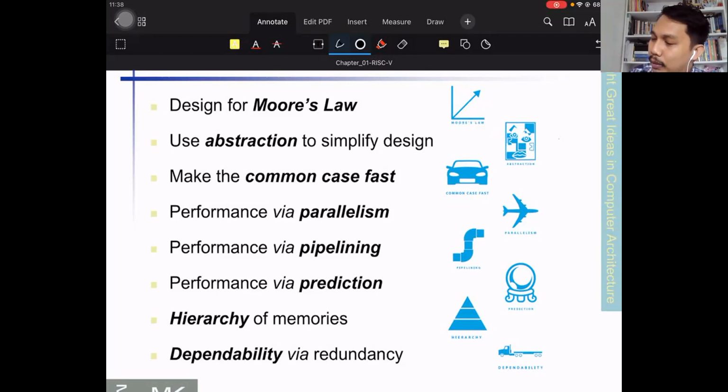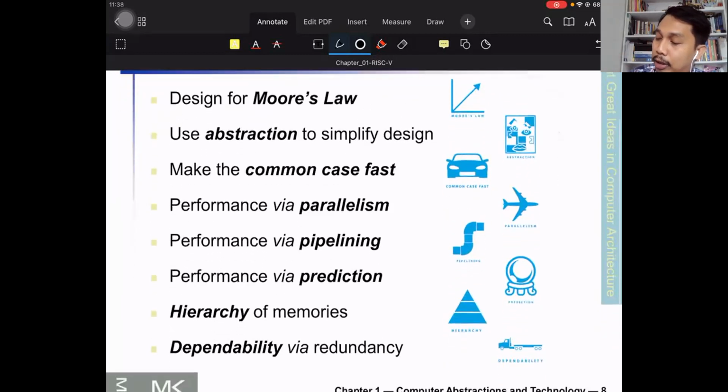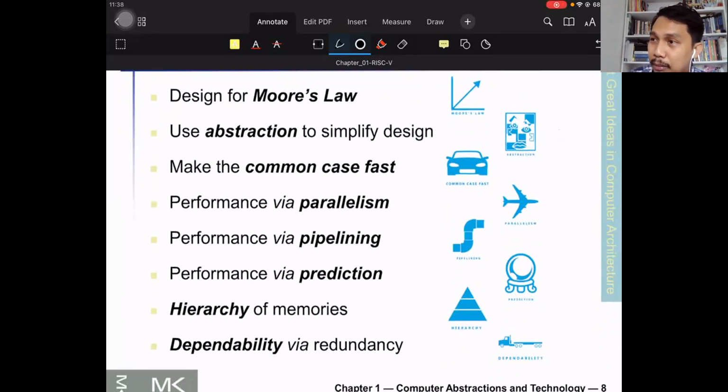So if we take advantage of this great idea of making the common case fast, we improve those more common cases, and we may not improve the complex cases, for example the accuracy of pi. It is not a big deal if the most common case for the calculator is just the arithmetic operations.